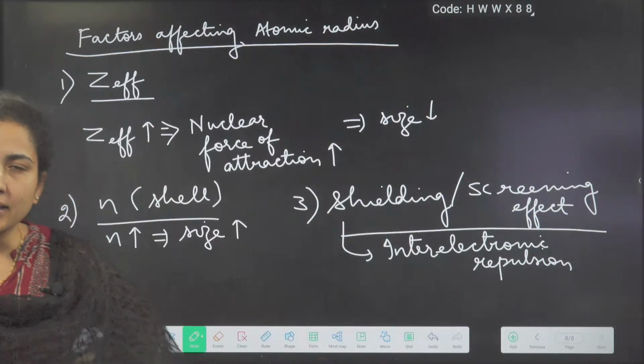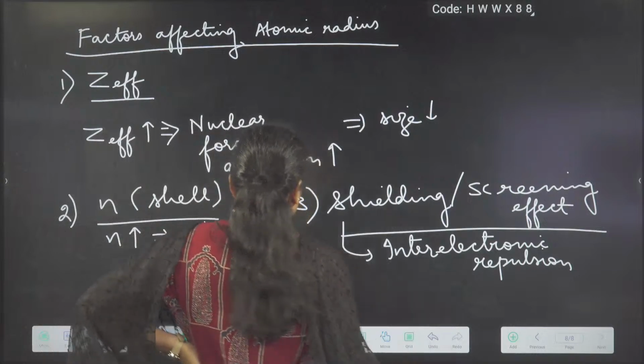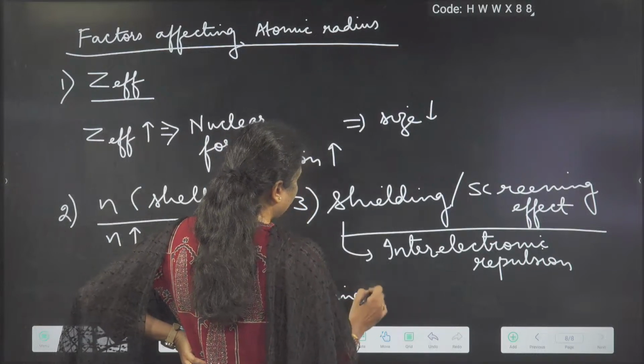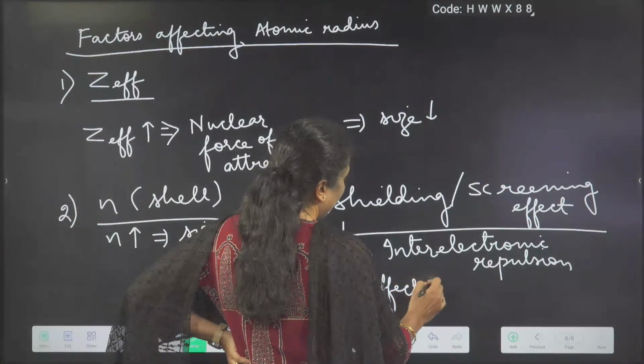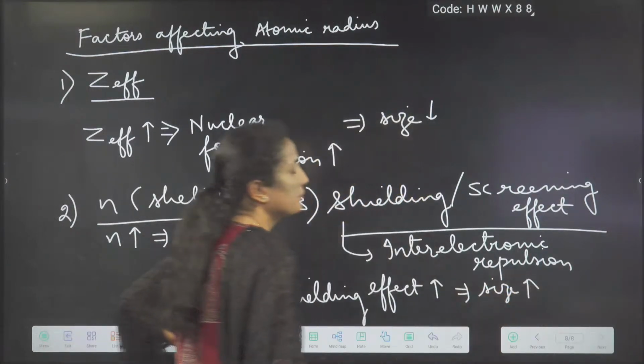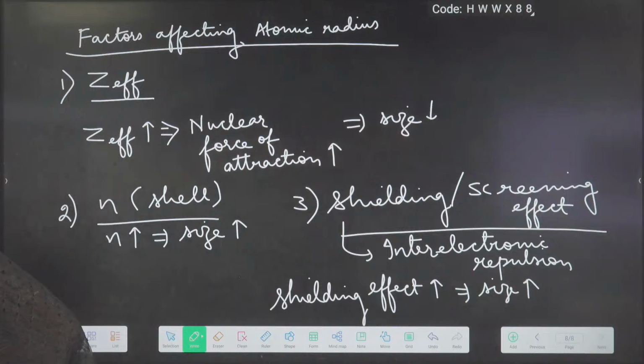Size will increase. That's correct. So I'll write down, shielding effect increases, size will increase. These are the few factors which affect your atomic radius.